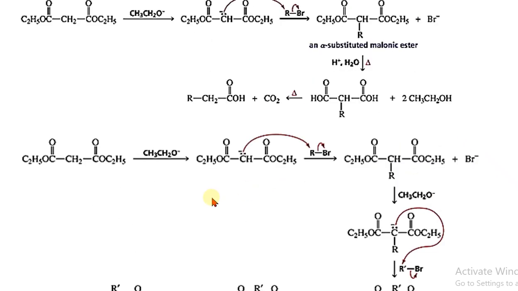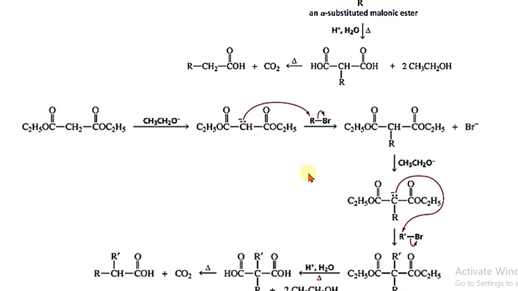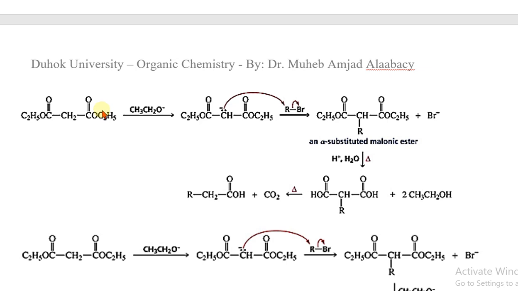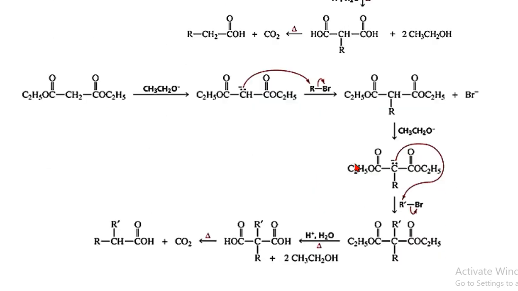The same example here, carboxylation, and then we remove another proton with another base, another alkylation, to give you two alkyl groups on the alpha carbon. This example has 2 alkylations. This example has 1 alkylation.